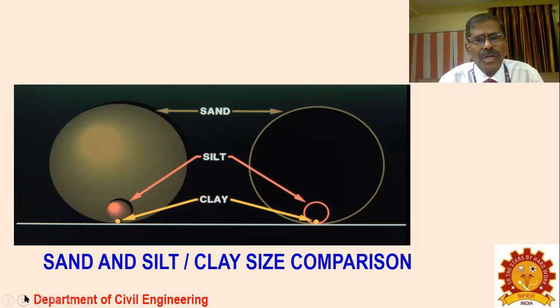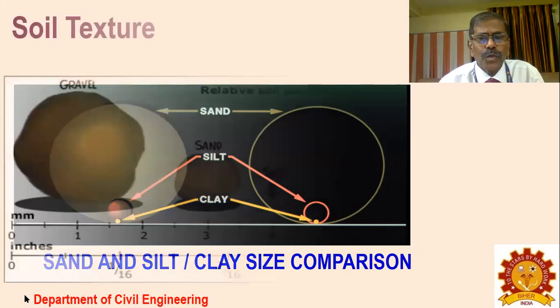Sand is very large in size when compared to silt and clay. Silt and clay are very much smaller. Clay is made of very small particles, sometimes at the colloidal level. Some of the clay particles have colloidal sizes also because they are attracted by the surface of the clay surface materials.